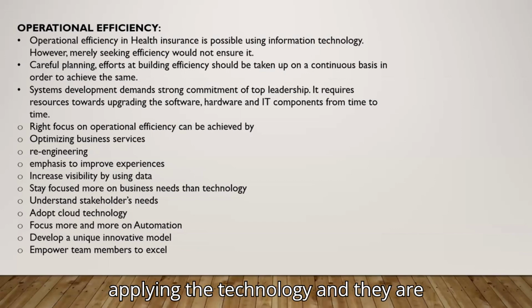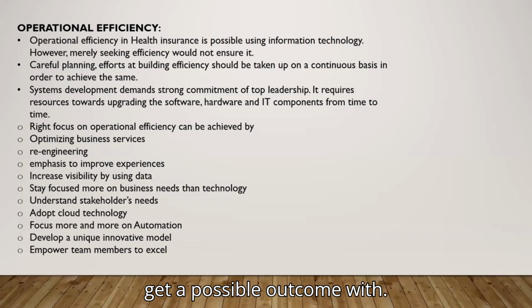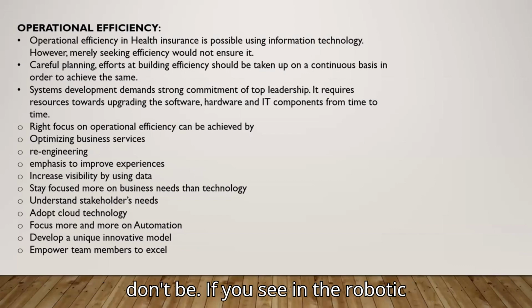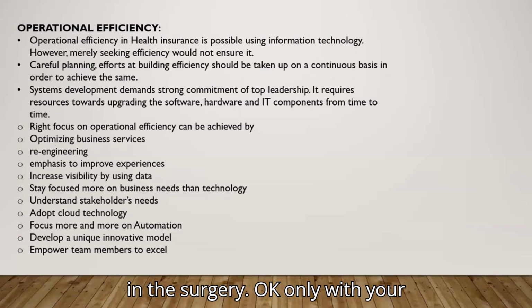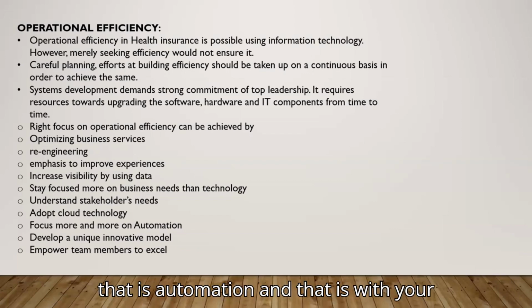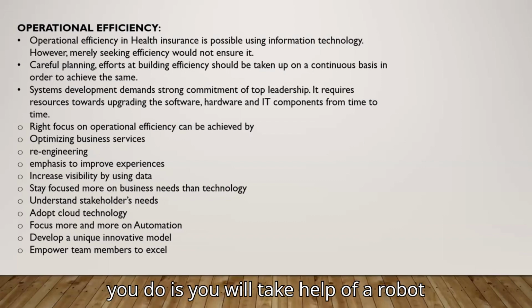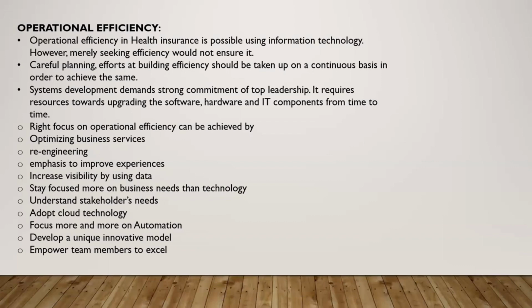They are applying the technology and checking that they get a possible outcome with minimal human output. In robotic surgery, too many people are not involved in the surgery. Only with automation and the operational efficiency of IT, you take the help of a robot and minimize the human output.